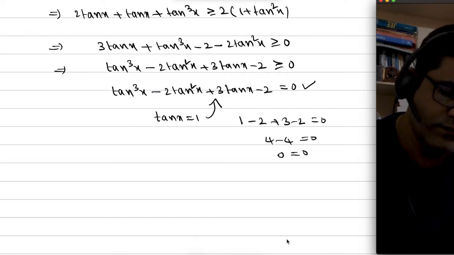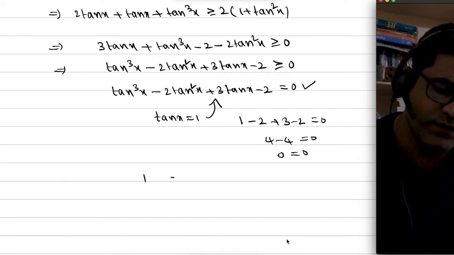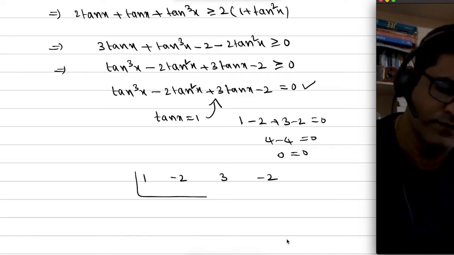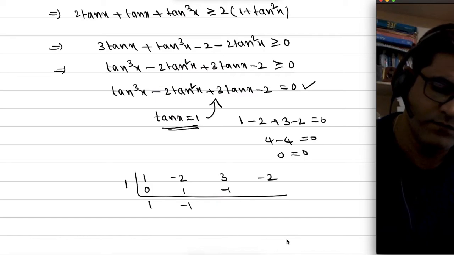Now by synthetic division, we factorize this one, 1 minus 2, 3 minus 2. Tan x equal to 1 is one root, therefore 1, 0, 1, 1 minus 1, minus 1, 2, 2, 0.